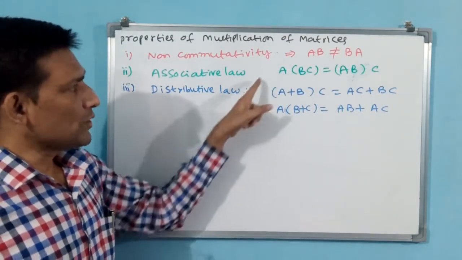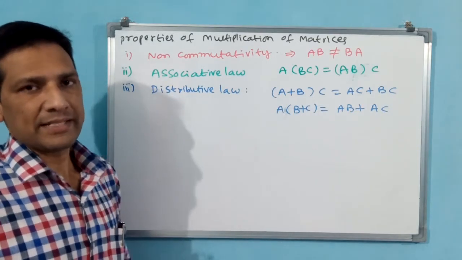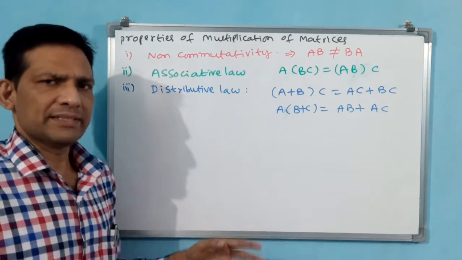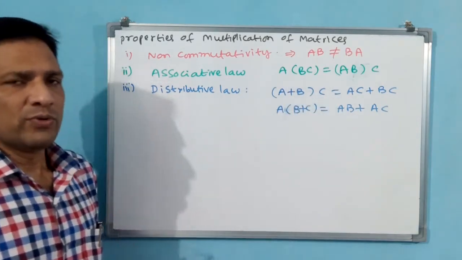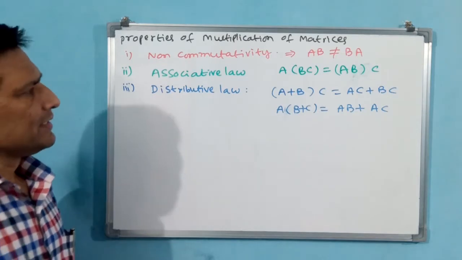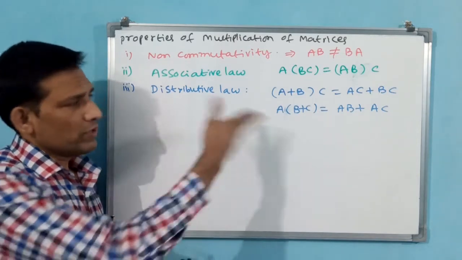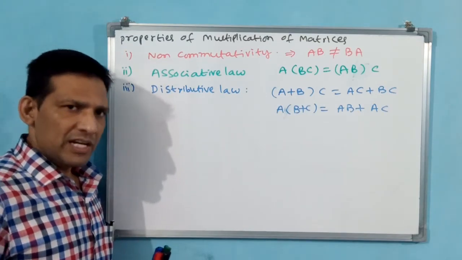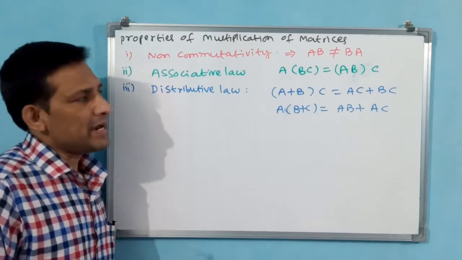For these 2, associative law and distributive law, we are going to see the proofs directly in the exercise. We will take practical examples in the exercise, and those we do and understand. That means, rather than scalars, even with normal matrices, the distributive law is valid for matrices.